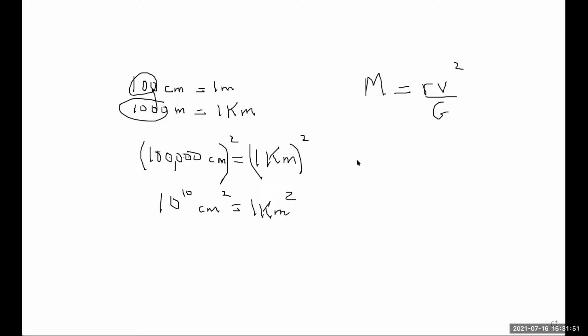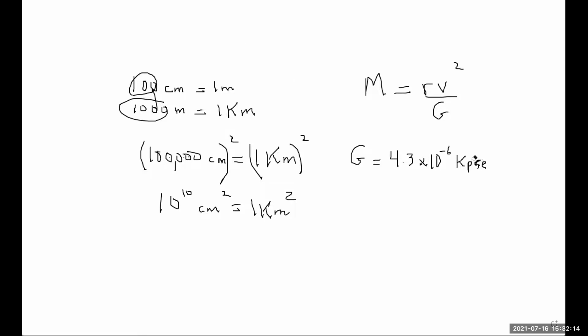So I calculated the g to be 4.3 times 10 to the minus 6, right? And then what units was that? It was kiloparsec. Parsec, I think they write it PC for short.